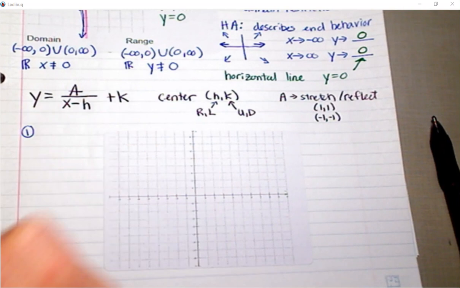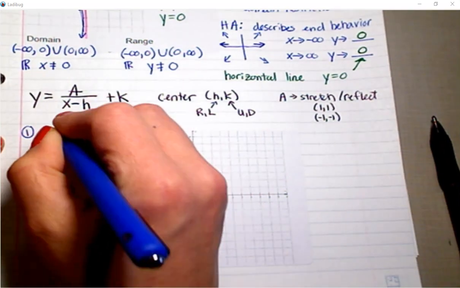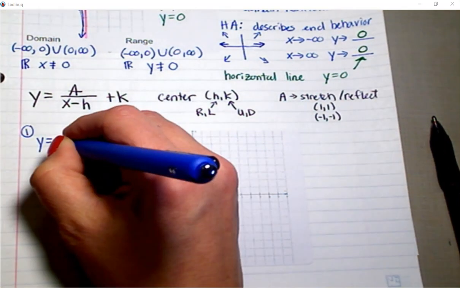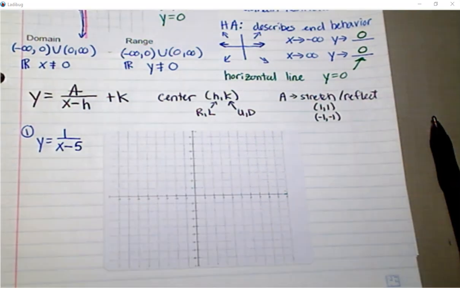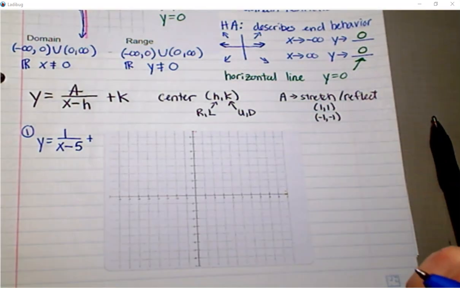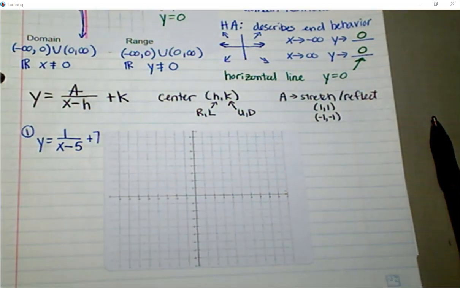First example: y equals 1 over x minus 5, plus 7.